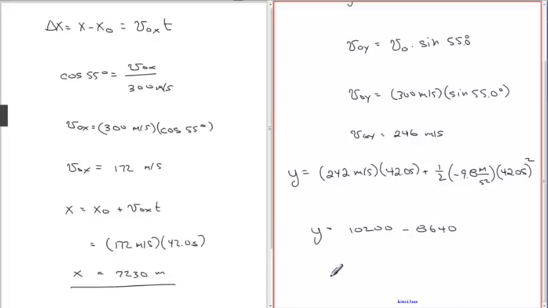Because we have three significant figures here, when we subtract, we can go to this decimal point. We can't go there because that's not significant. So really, we take 10,200 minus 8640, and we get 1,560, which actually, I guess you'd have to round off to 1,600.